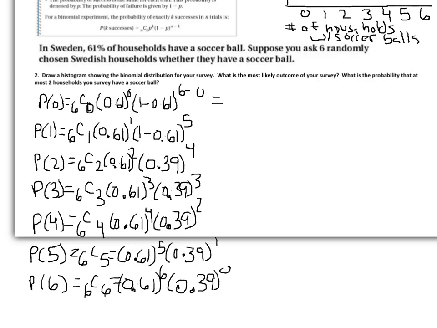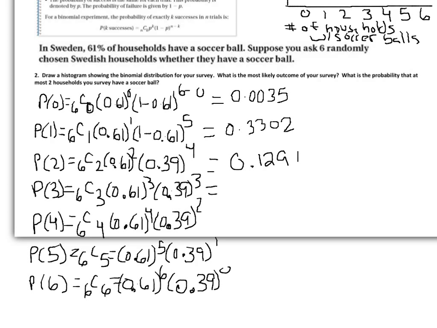You should get 0.0035. For the second one, you should get 0.0302. For the third one is 0.1291.